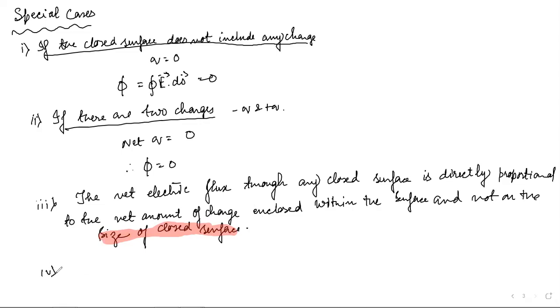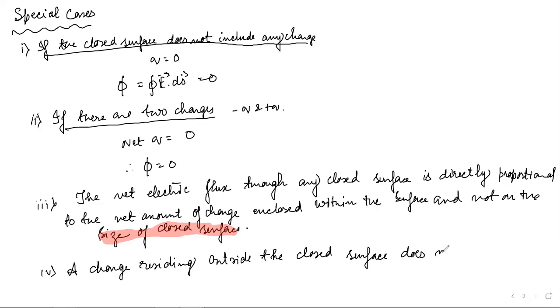Number 4, a charge residing outside the closed surface does not affect the electric flux of the closed surface.